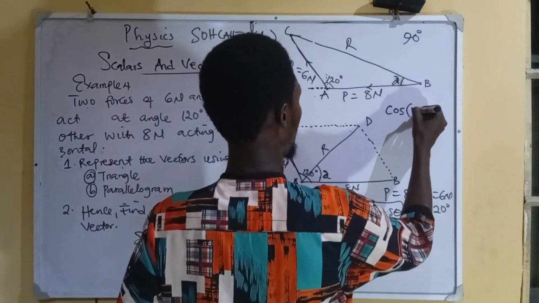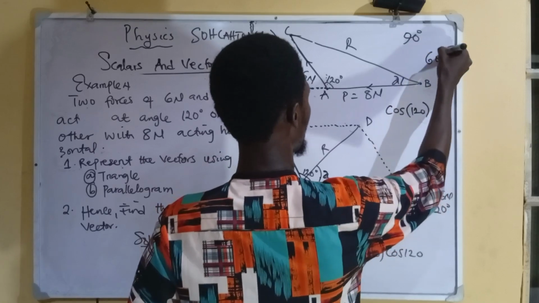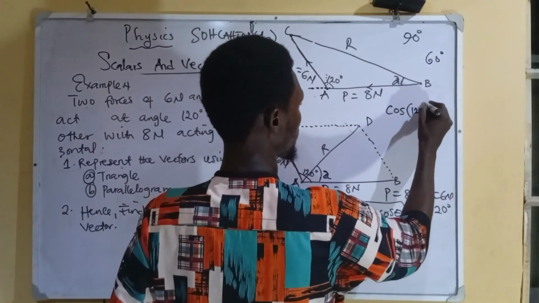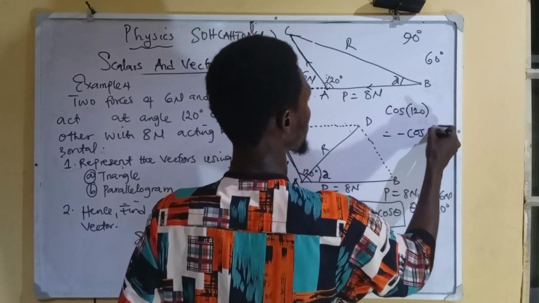The reason I put the minus is that I was supposed to use 60 degrees, because cos 120 equals minus cos 60.